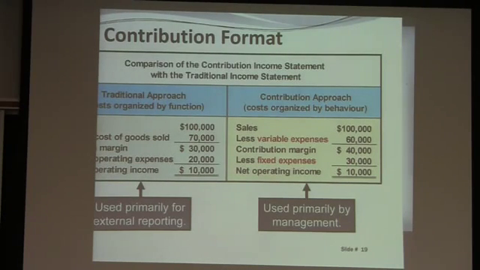Because if we know that fixed cost remains the same, but variable cost changes with quantity, we can better predict what our total profit looks like based on how many units we plan to sell, or how many units we have to sell to at least break even. So it allows us that flexibility and that assessment.